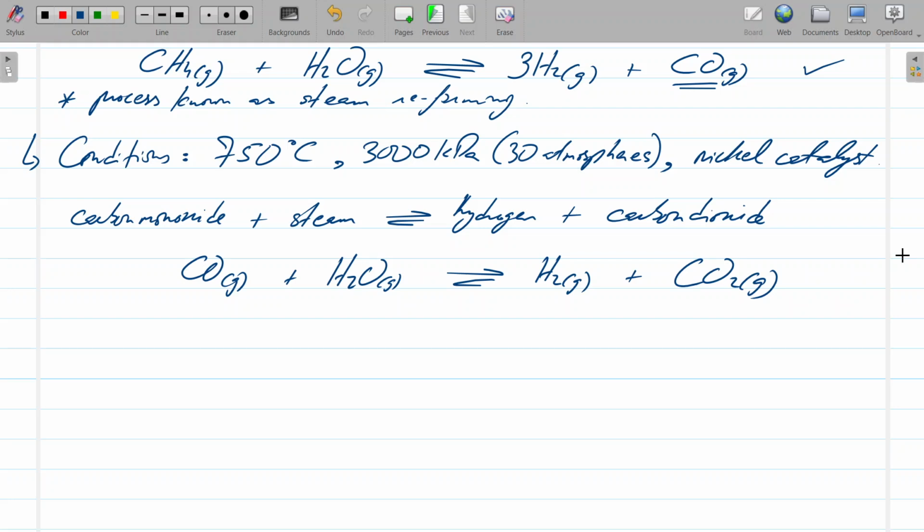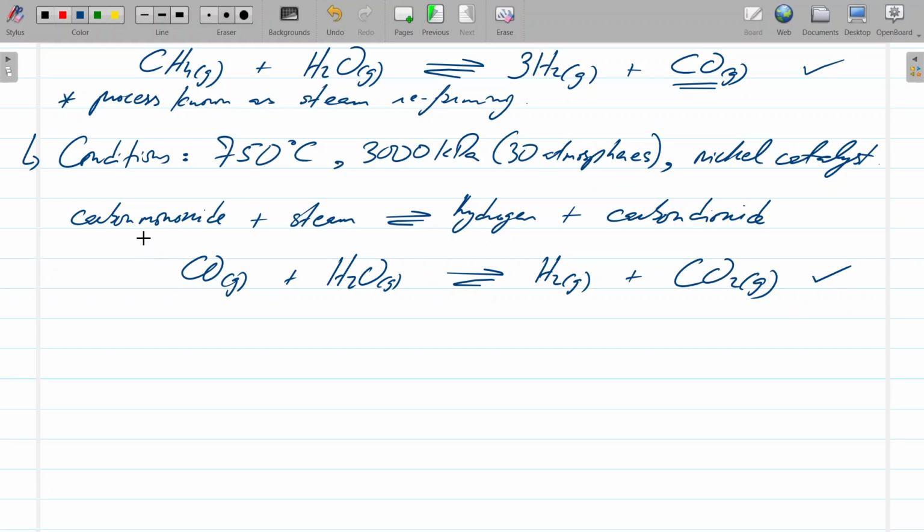Is it balanced? No. It's not. Really? Yeah. Carbons 1, oxygens 2 and 2, hydrogens 2 and 2. It is balanced.